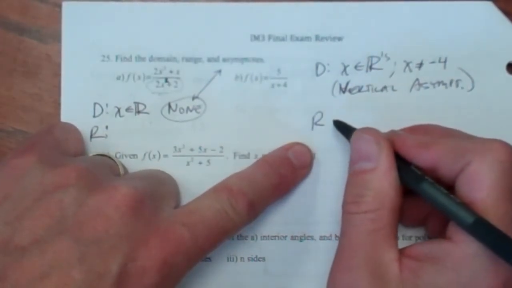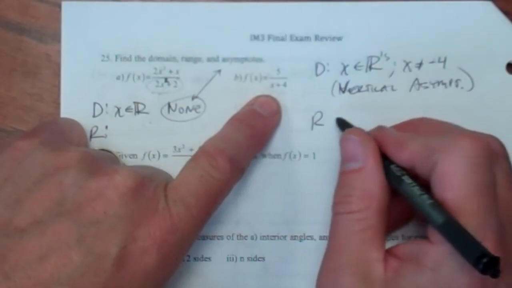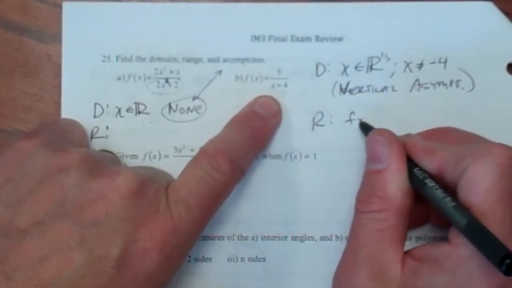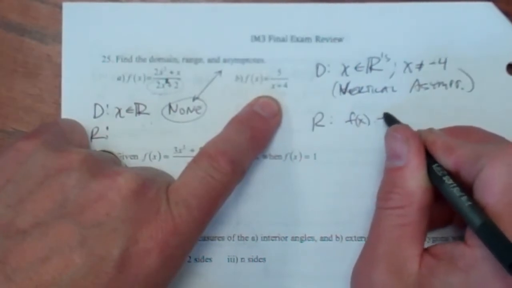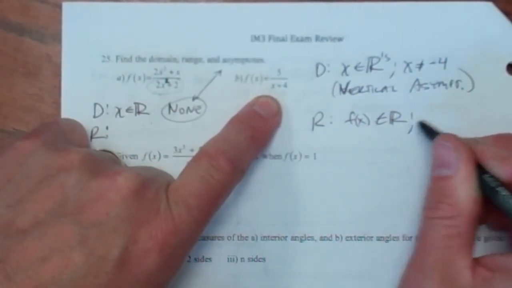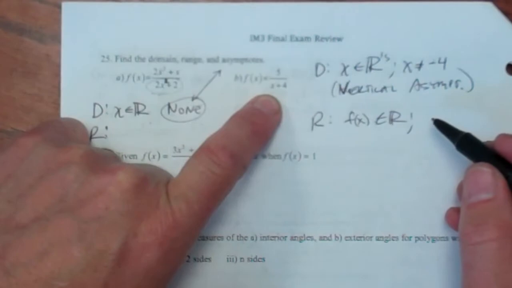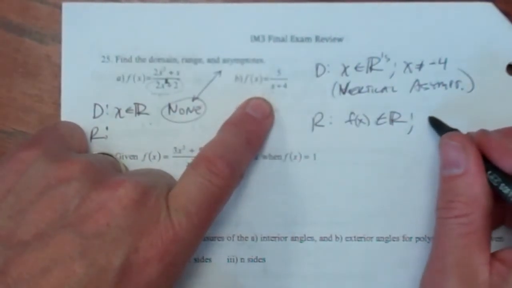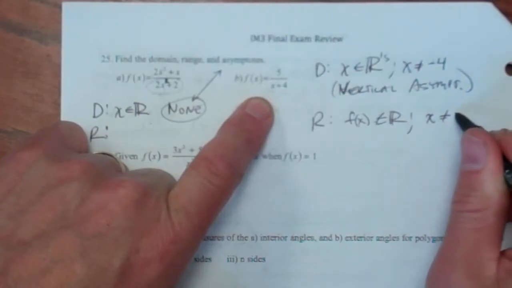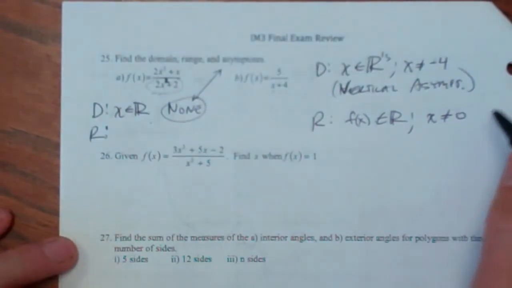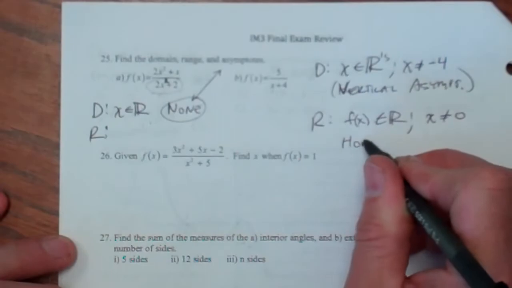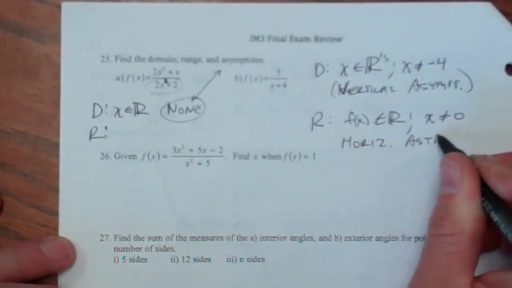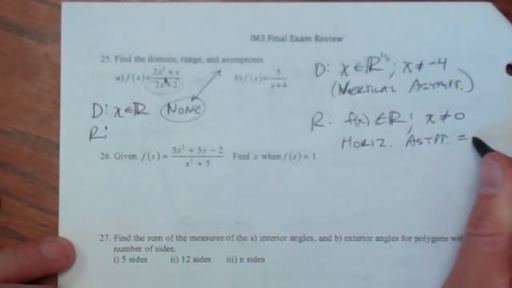The range then is going to be that f of x can be any real number, but you're never going to get this equal to 0, because no matter how big this is, that number in the numerator, x, can never be equal to 0. But again, look on the calculator. Horizontal asymptote is 0. Okay.